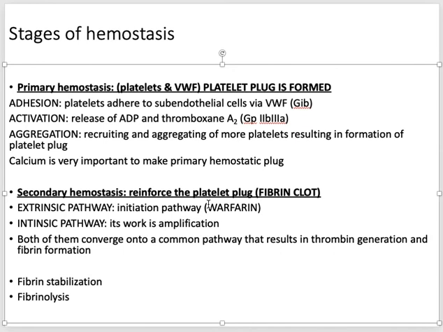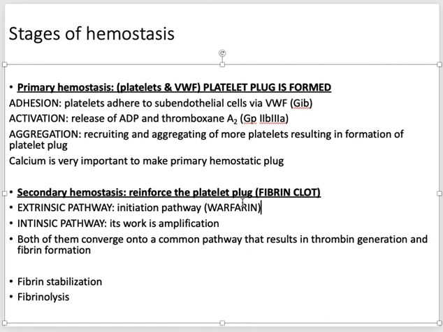And if you remember, when someone has, for example, pulmonary embolism, someone has DVT, someone is getting mechanical heart valves put inside, we want that there should be no clotting cascade in them. So we give them warfarin, okay, so that no clot will be formed.